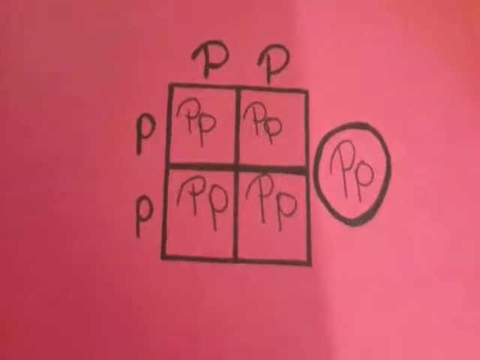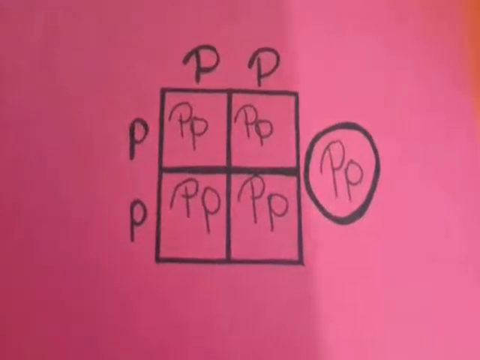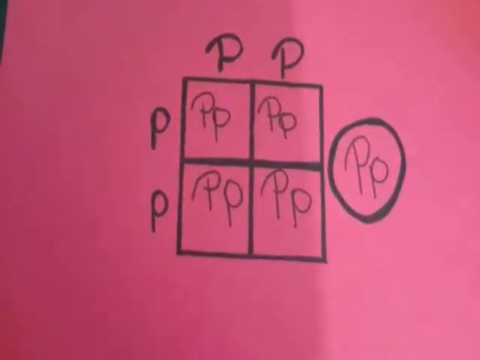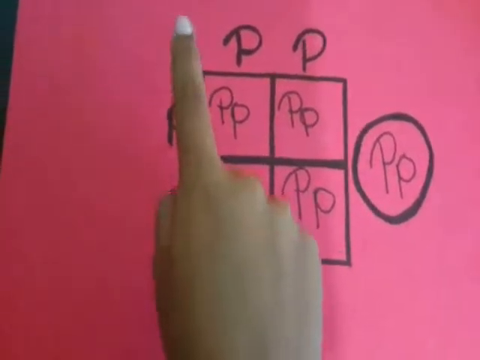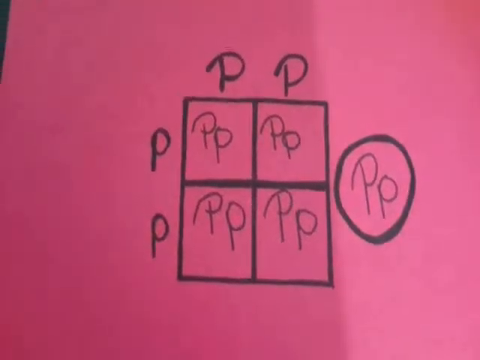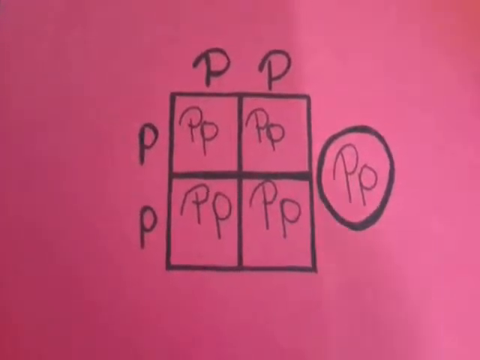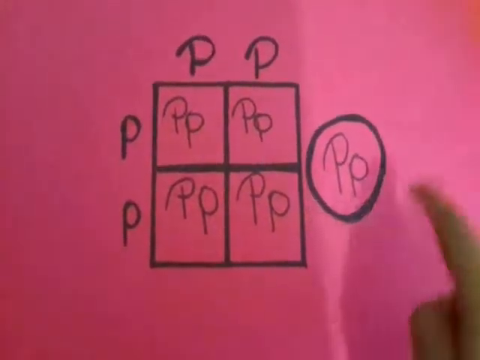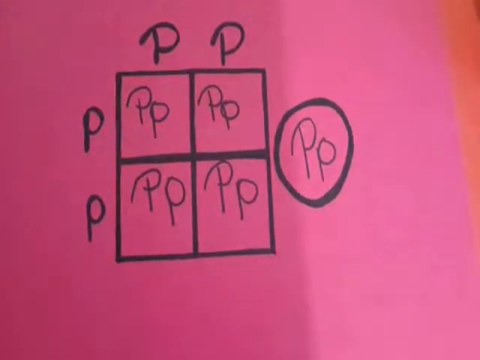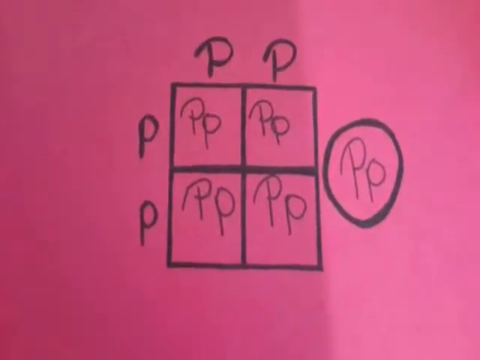In this case, the dominant, represented by a capital letter, is purple, and the recessive, represented by a lowercase, is white. Here we can see that when we cross a recessive and dominant trait, we're going to obtain the combination of these two. That is called a heterozygous. This is going to be our first generation.